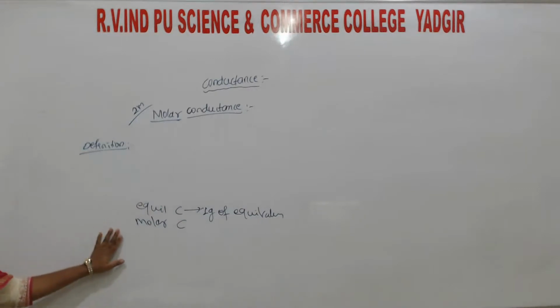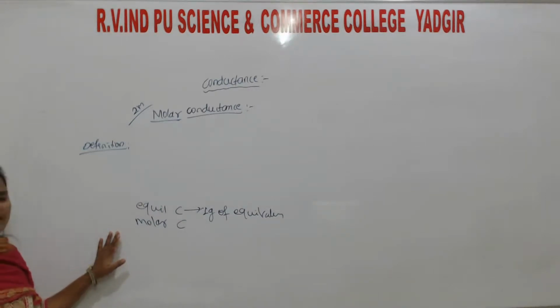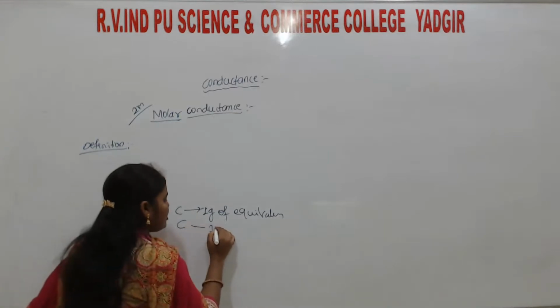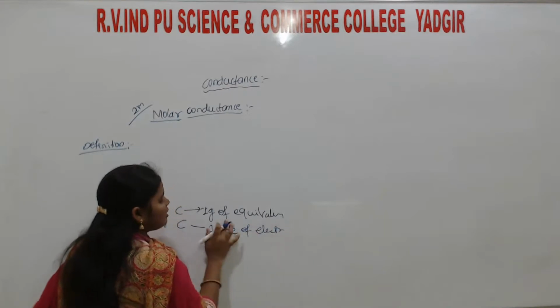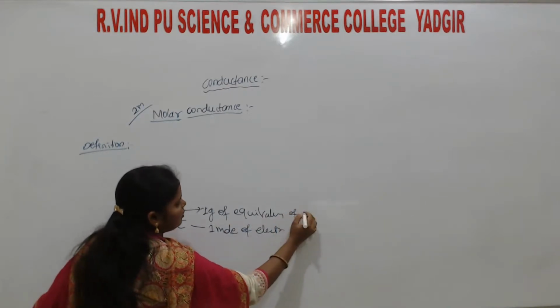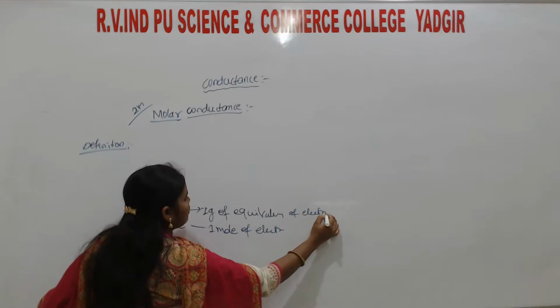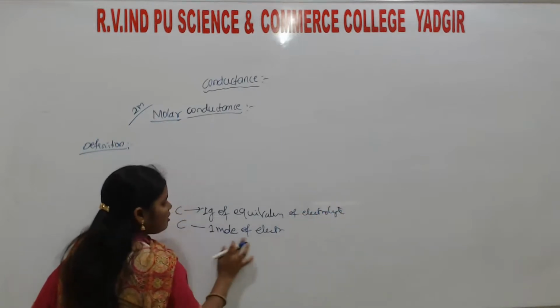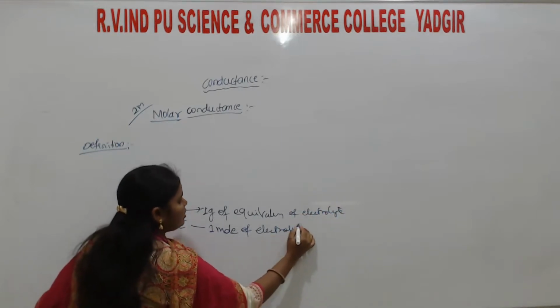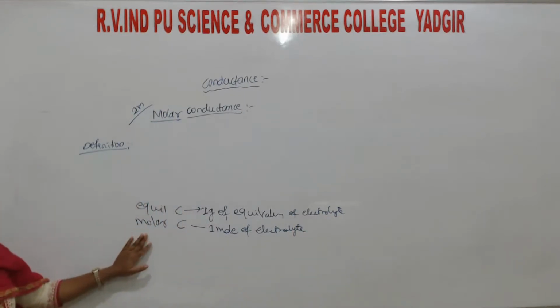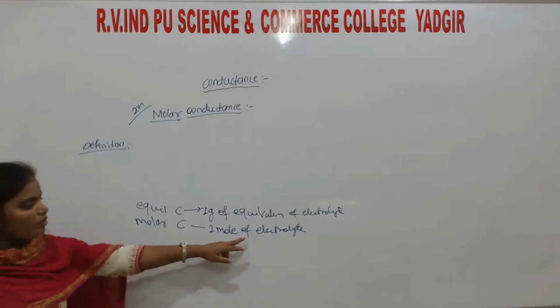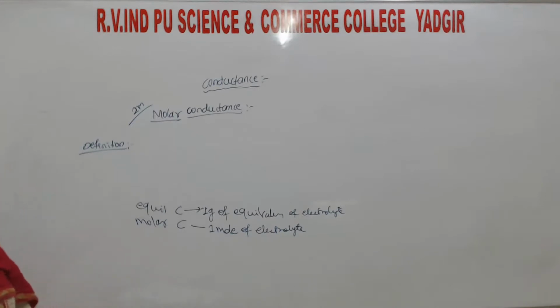In molar conductance, it is 1 mole of the electrolyte. Only this difference for equivalent conductance and molar conductance. The molar conductance is obtained by dissolving 1 mole of an electrolyte in water, and it is called molar conductance.